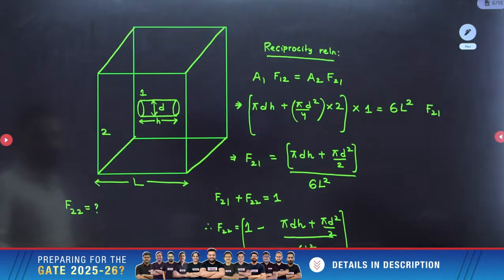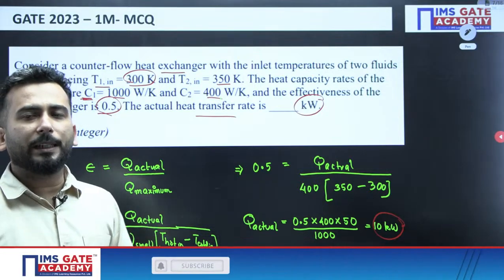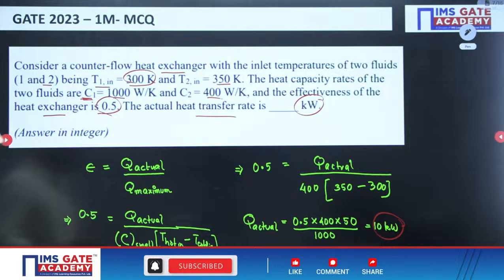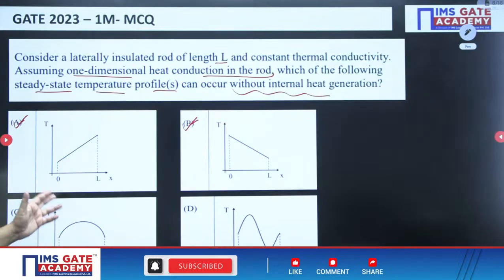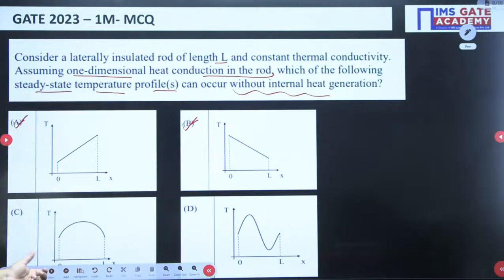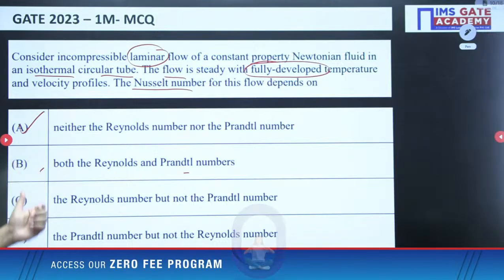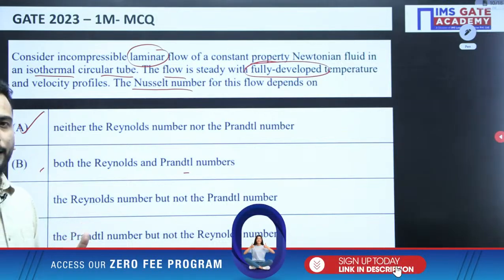Then the third question has come from the effectiveness of the heat exchanger. One question from heat exchanger will definitely be there, no surprises. And then one is from heat generation in conduction, everyone knows generation is an important topic. And the last question came from convection.